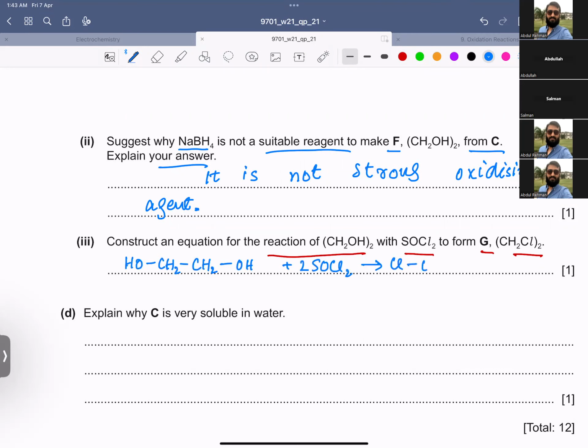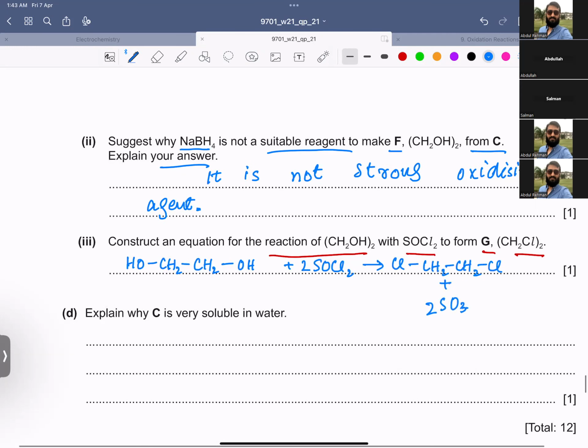Both the OH groups are substituted. We get two chlorines over here, and we would get sulfur dioxide and water is also formed.